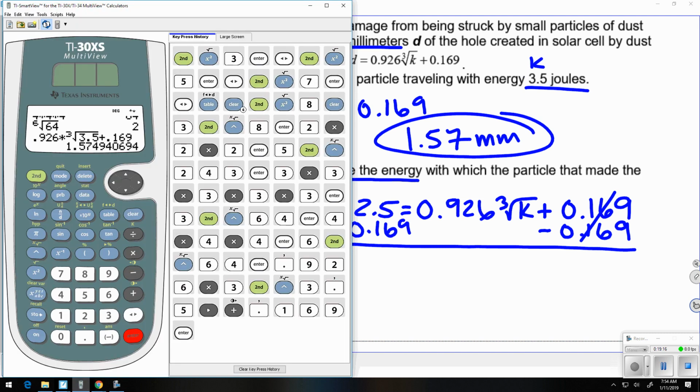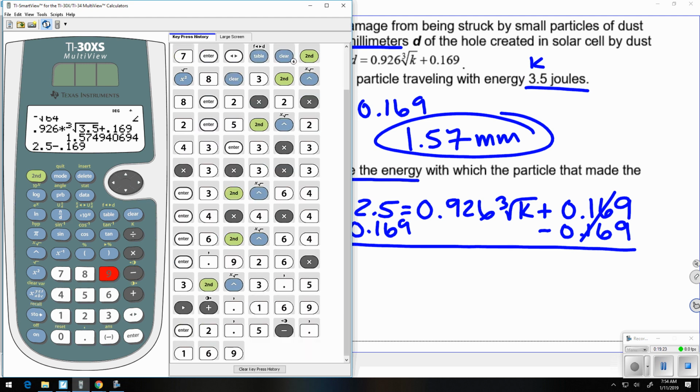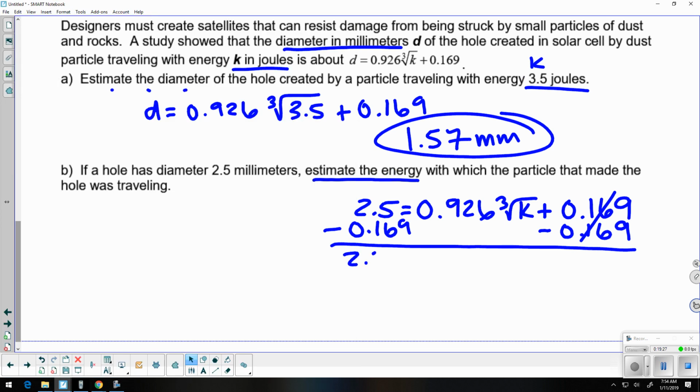So we have 2.5 minus 0.169, and we get 2.331, which is equal to 0.926 times the cubic root of K. We're still trying to isolate K, so I would probably divide now by the 0.926.